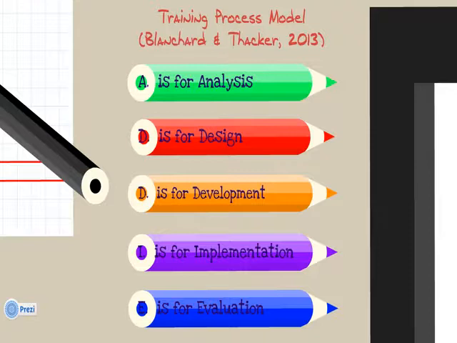So the A in ADDIE stands for analysis. That would be a needs analysis, a pre-employment evaluation of skill, review of a job description compared to a new employee's resume, things like that, an analysis of what needs to be learned. That often comes down from above.